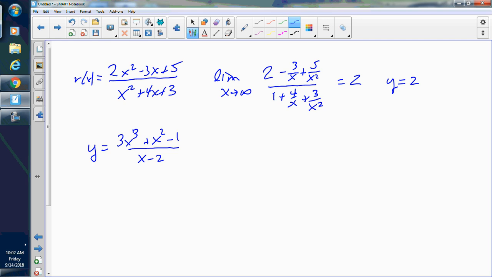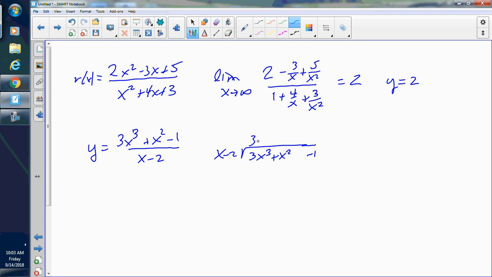So what we're going to do is perform the basic division. We take x minus 2 and divide into 3x cubed plus x squared minus 1, leaving a space for the x term because we really have 0 x's.